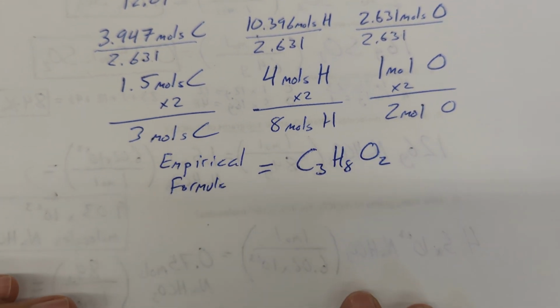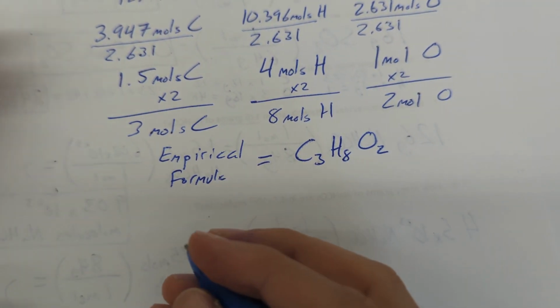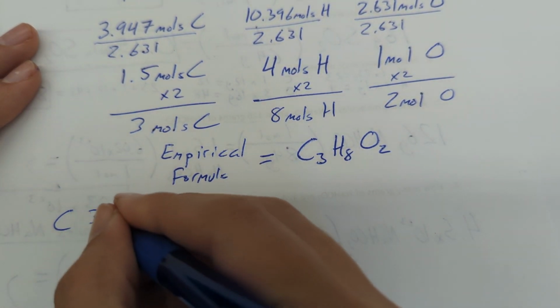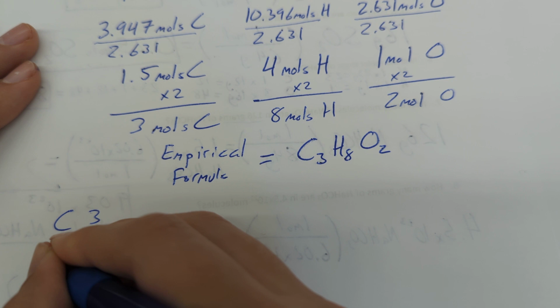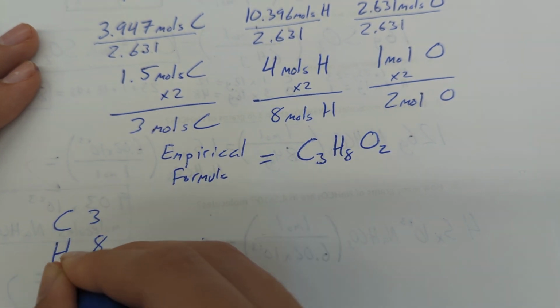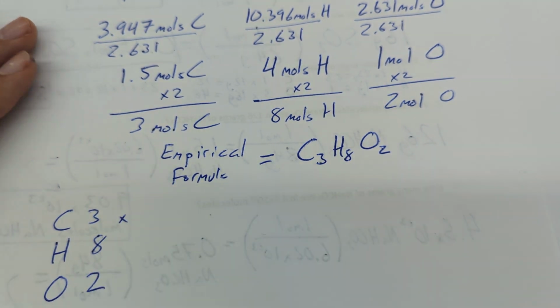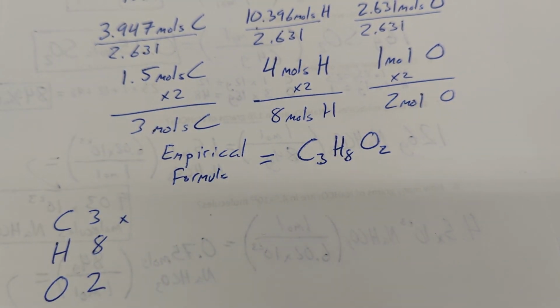All right. Next step, we have to find the molar mass of that. So we're going to jump over here, and we got 3 carbon. I'm going to go through this a little bit faster because we should be pretty good at finding molar mass at this point.